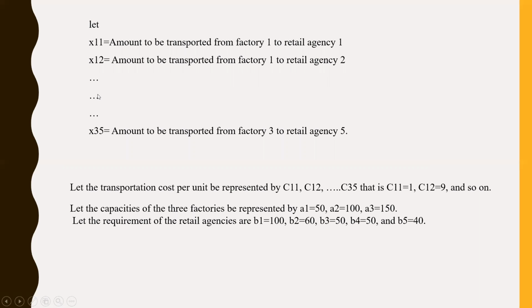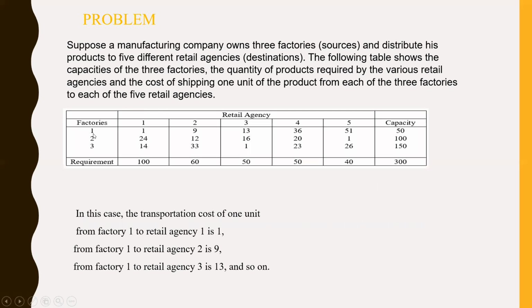Then it goes on like this: x13 for the amount used for transporting from factory 1 to retail agency 3, then factory 1 to retail agency 4 will be x14, then factory 1 to retail agency 5 will be x15. Then in the second row, factory 2 to retail agency 3 is x23, then factory 2 to retail agency 5 is x25.